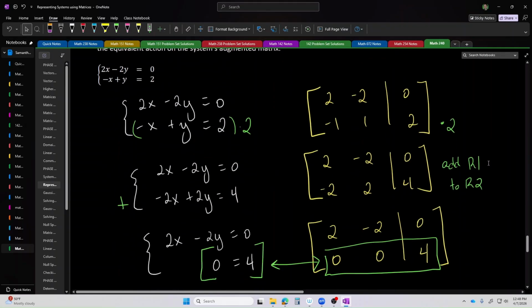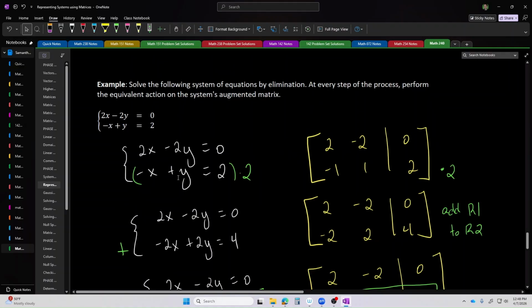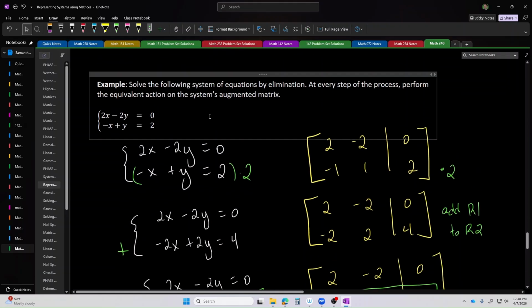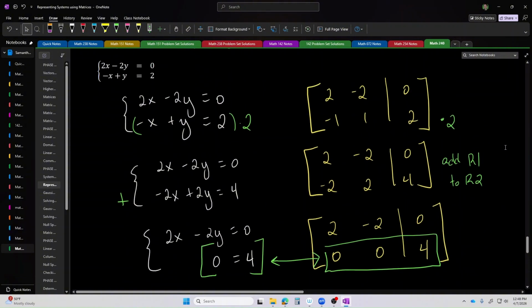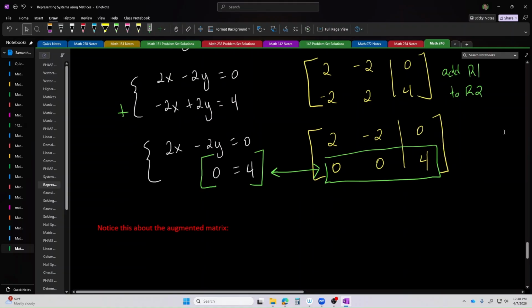The same thing is true for the second example that we did yesterday. As we solved this second system of equations, the system that was inconsistent and had no solutions, as we applied the method of elimination to the system and we tracked the corresponding effect on the augmented matrix, at the end of the day, once again, we ended up with an augmented matrix that was in row echelon form.